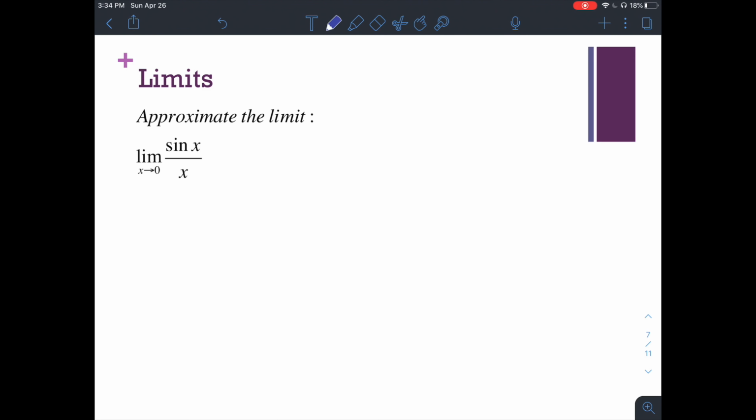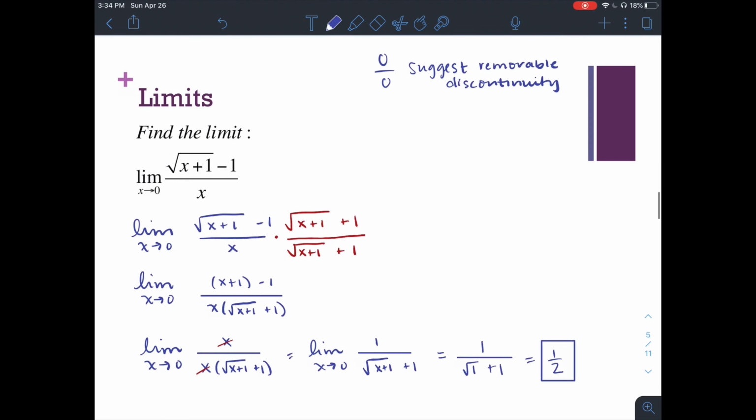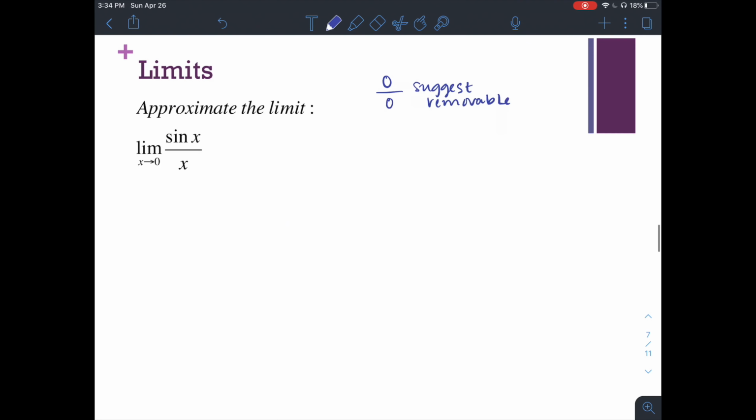Again, if I try direct substitution first, sine of 0 is 0 over 0 tells me this suggests a removable discontinuity again. This suggests that there is a hole on our graph, but just like before, looking at this initially, it doesn't look like it's going to be factorable or be something nice.